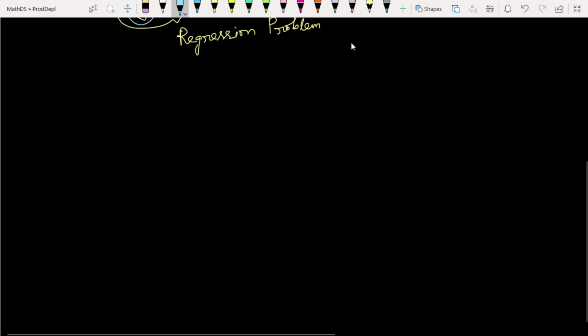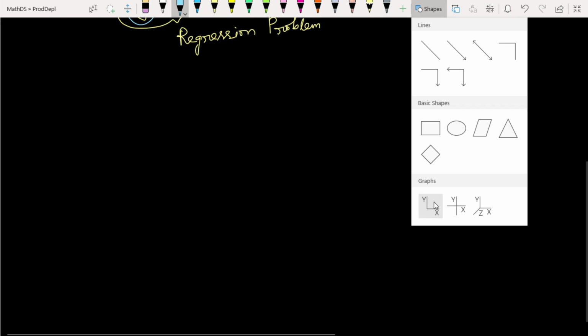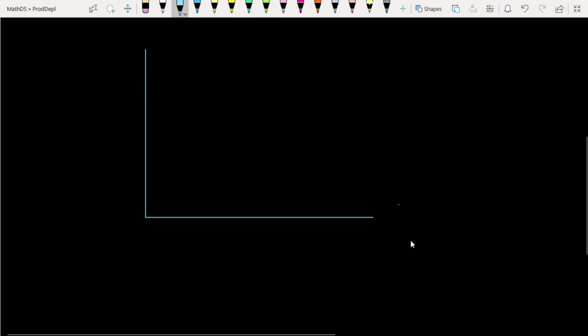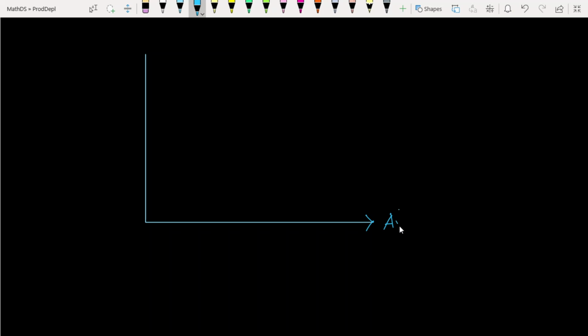It is simple. Just try to understand through this picture. Let's plot the picture first. In this picture, the x-axis is the average of y hat i, and this axis is the average of yi.